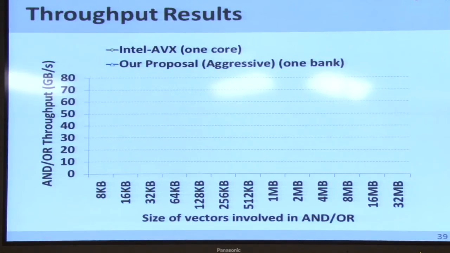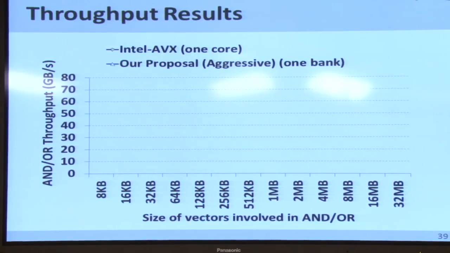The same if it was 32 megabytes: a vector of 32 megabytes, another of 32 megabytes, compute bitwise AND and store the result in a 3rd vector of 32 megabytes, and repeat that 1,000,000 times. What we are measuring is throughput of AND or OR operations.